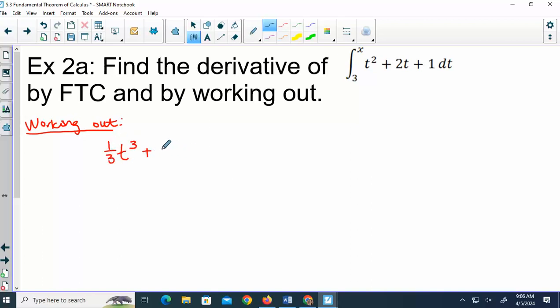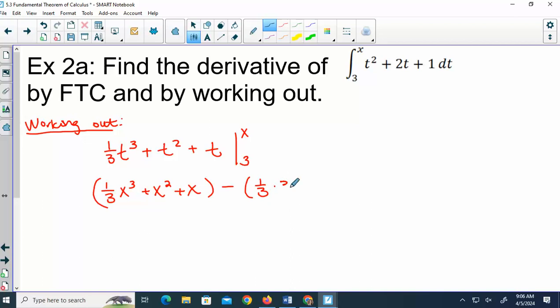Plus, what is the antiderivative of 2t? Plus, antiderivative of 1? t. And we're doing this from 3 to x. So if we plugged in our x's, 1/3 x cubed plus x squared plus x, minus plugging in your 3's, 1/3 times 3 cubed plus 3 squared plus 3.